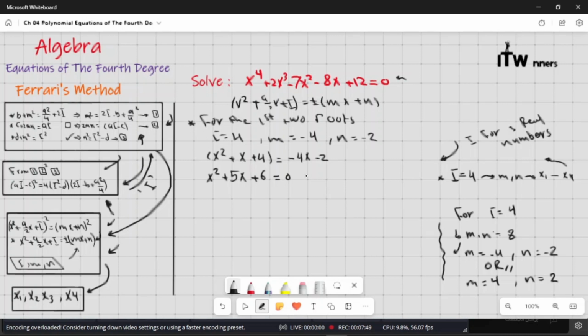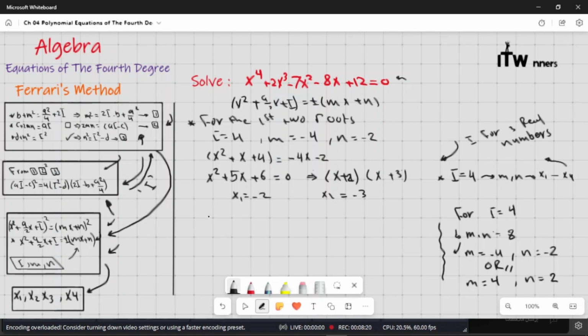We can factorize that into x plus 2 and x plus 3. So here x1 equal to negative 2, x2 equal to negative 3.